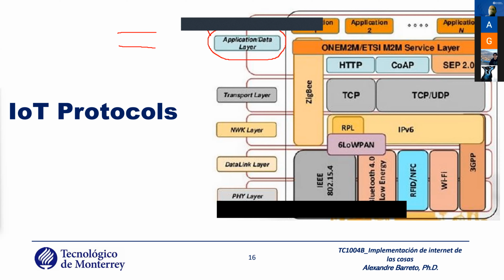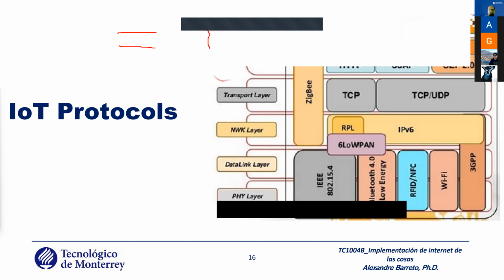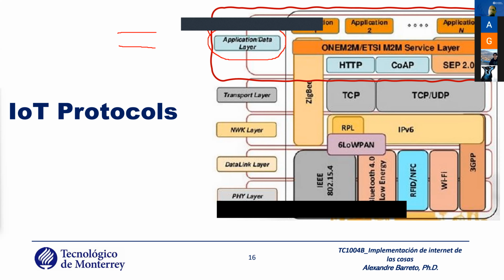And you have application, with HTTP, CoAP, and others, okay? Some groups of these protocols cover more than one layer. It's not a big issue, okay? Now we start to study only the application protocols. We study the lower layers later, okay?